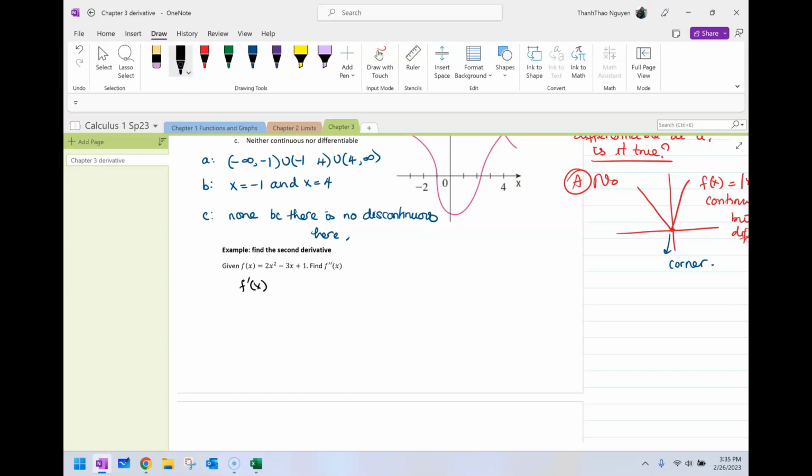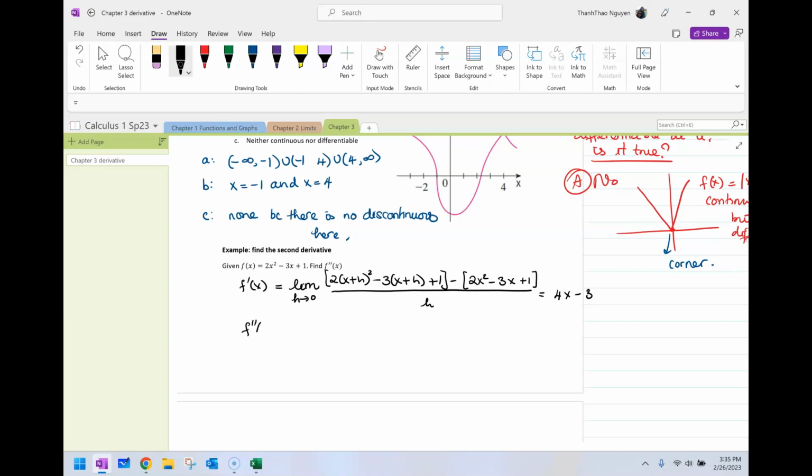F prime of x is equal to the limit as h approaches 0 of 2 times (x plus h) squared minus 3 times (x plus h) plus 1, minus (2x squared minus 3x plus 1), divided by h. Multiply this out and simplify it, and you should get 4x minus 3.